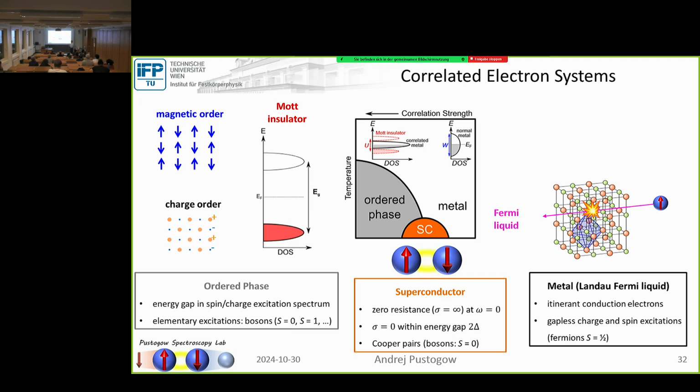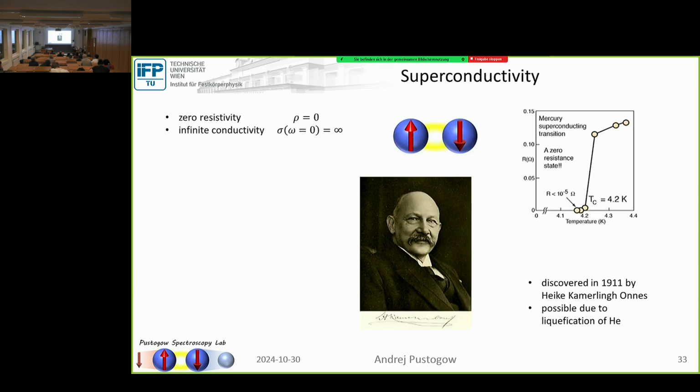And this way it can behave differently, so that it does not scatter with the lattice eventually. So it seems to require both this ordered phase and also the metal to pair up.